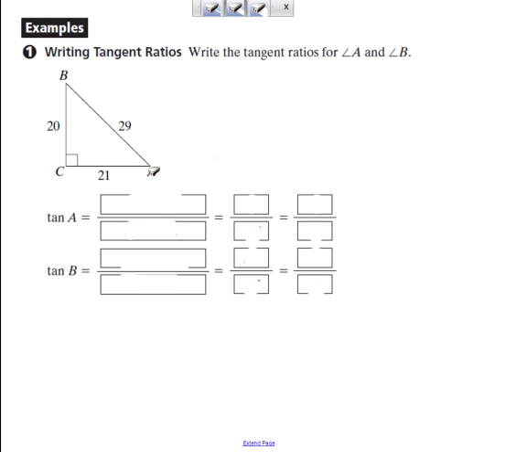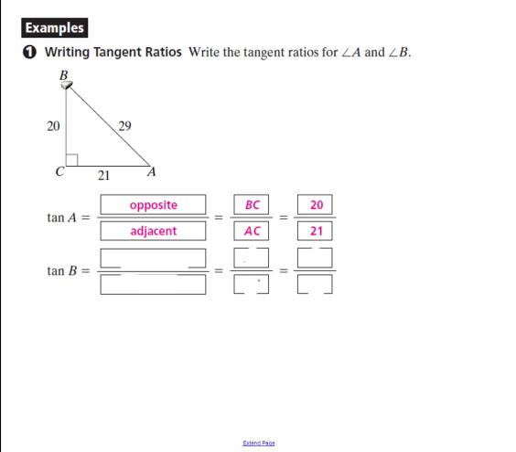So for A, we would do opposite, which would be this side over here, that's going to be BC, over adjacent, which is going to be this side here. The adjacent side in this case for angle A is AC. So we just plug in the value for BC, plug in the value for AC, and we get our tangent ratio, 20 over 21.